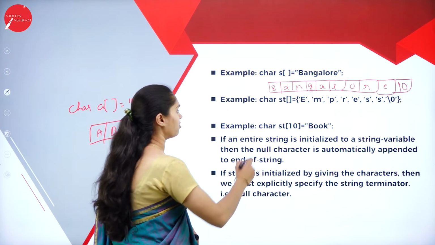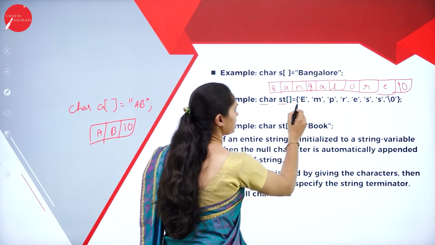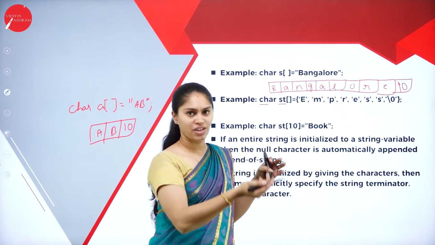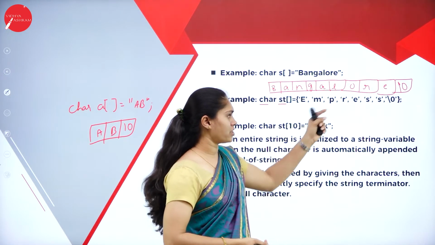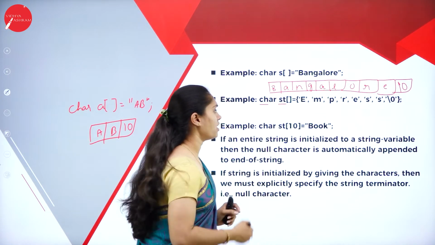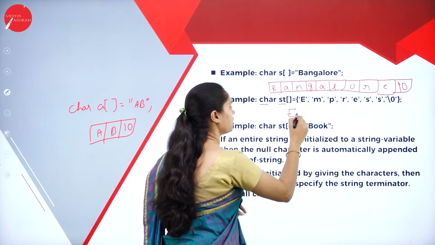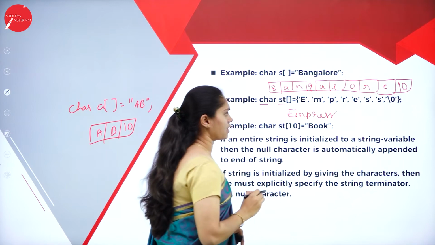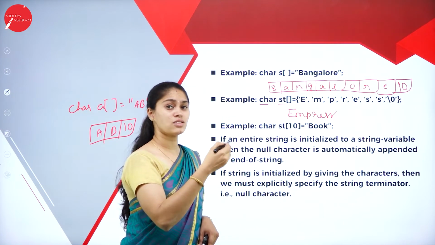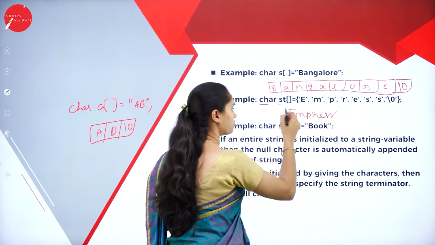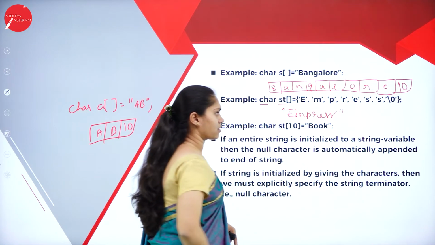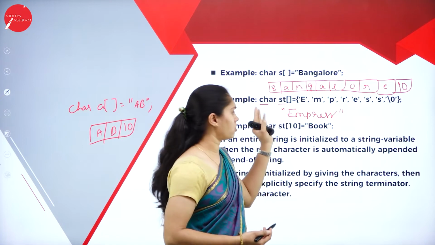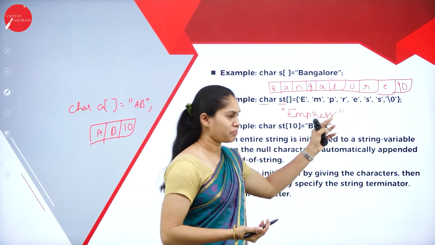Next we have char st[]. Instead of taking a string, I am taking a sequence of characters, that is E, M, P, R, E, S, S. Here "Empress" is a string, but instead of writing that, I am taking a sequence of characters. Instead of this, I can also write it like this. In the end, a collection of characters makes a string.